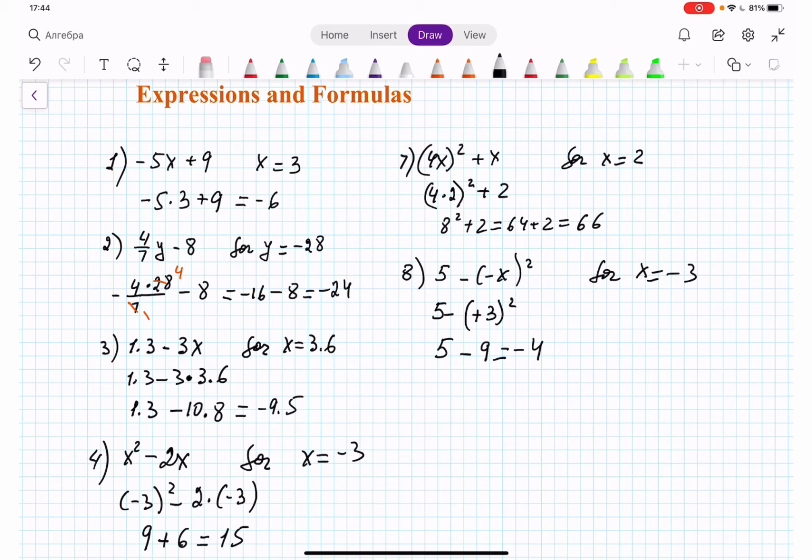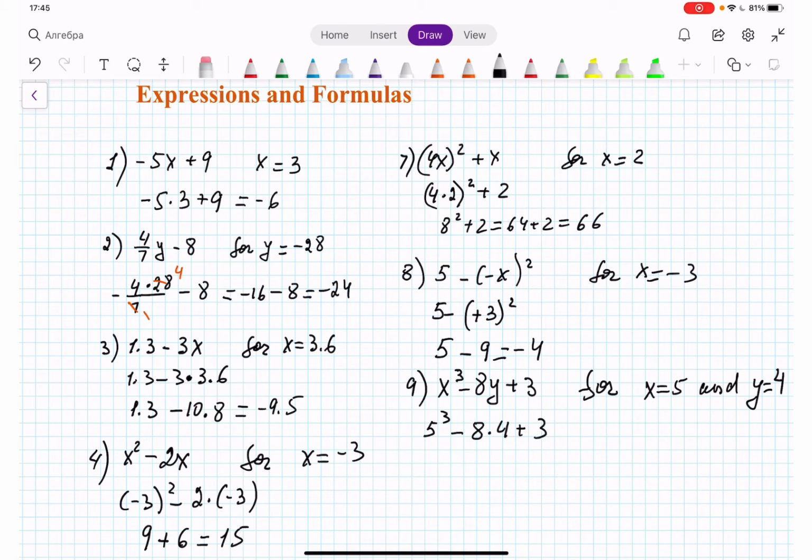Question number 9. Evaluate x cubed minus 8y plus 3 for x is equal 5 and y is equal 4. Okay, so we have 5 cubed minus 8 times 4 and plus 3.